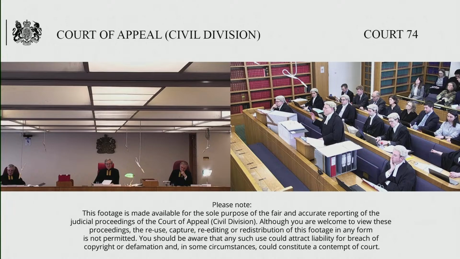The point is obvious that the just and equitable discretion is broad enough to take account of all of those issues. If a party can't defend itself fairly, because it's lost documents or whatever it may be, and cannot have a fair trial, that's a consideration which the tribunal is entitled to take into account in just the same way as it would under Article 6. That would also apply to the fire doors put in 25 years ago.